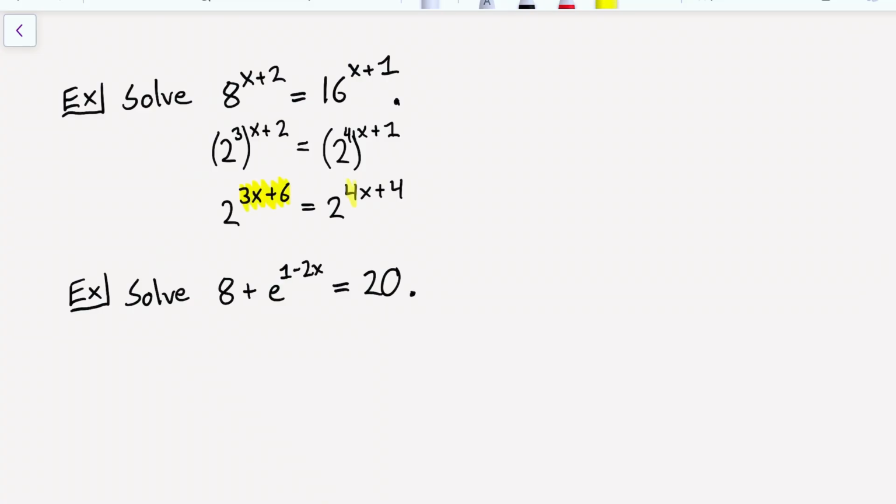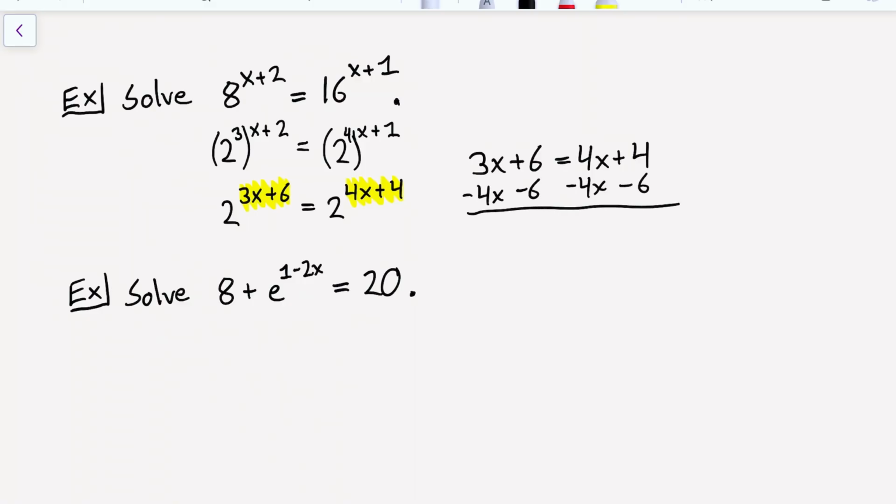Since the bases are the same and the two sides are equal, the exponent pieces must be the same. So we can solve the equation 3x plus 6 equals 4x plus 4. Rearrange some terms. We get negative x equals negative 2, therefore x equals 2.